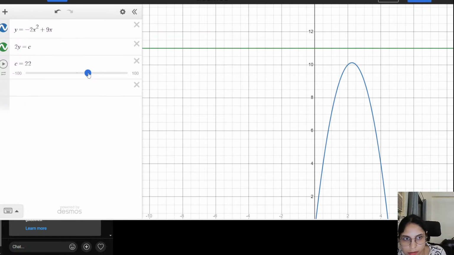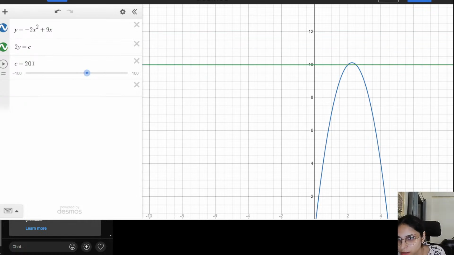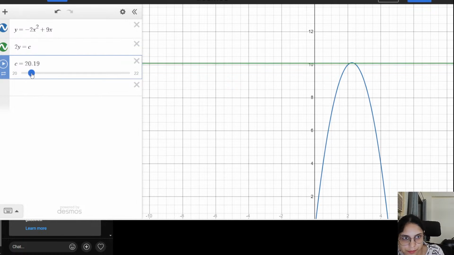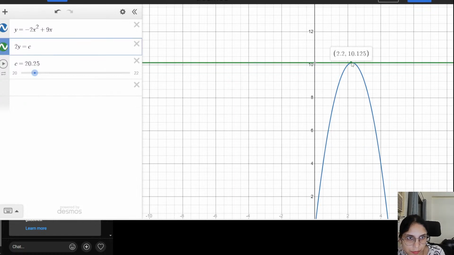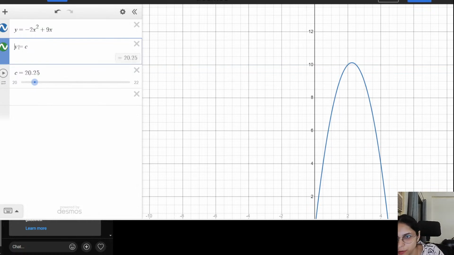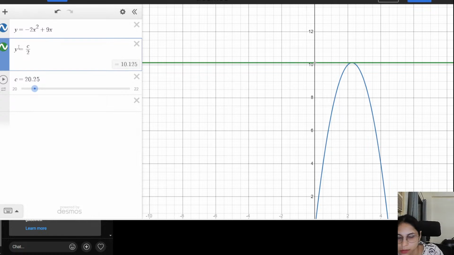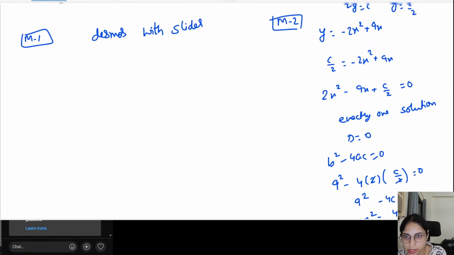It's between 20 and 22, that should work. And I want the value of y also, so I will write y as c over 2. 10.125. Oh yeah, 10.125. That's happening at 20.25. So the value of c is 20.25. So with slider also it was working fine.